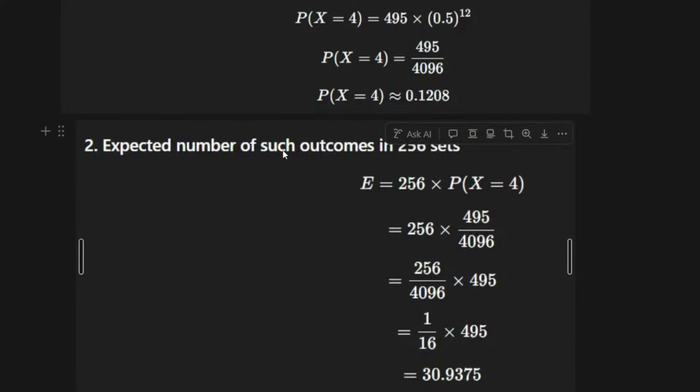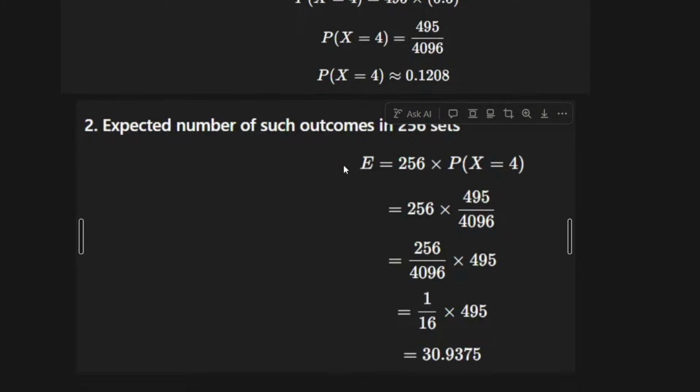And the expected number of such outcomes in 256 sets. Remember, this is only for one particular set. You are repeating the same thing 256 times, so you have to multiply this number by 256. That will give you the expected number of such outcomes.